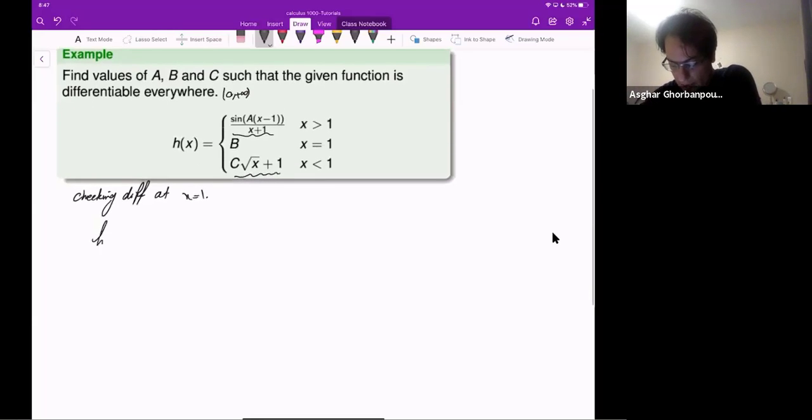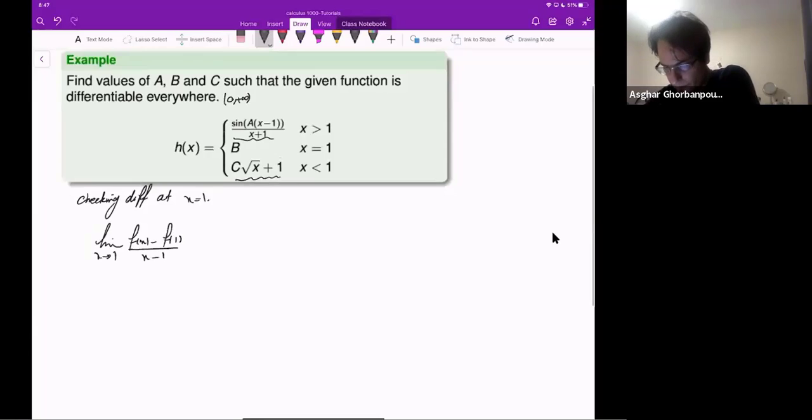So we need the limit of f(x) minus f(1) over x minus 1 as x goes to 1. Let me use the other formula. This formula will work as well, but let me use f(1 plus h) minus f(1) over h, as h goes to 0.